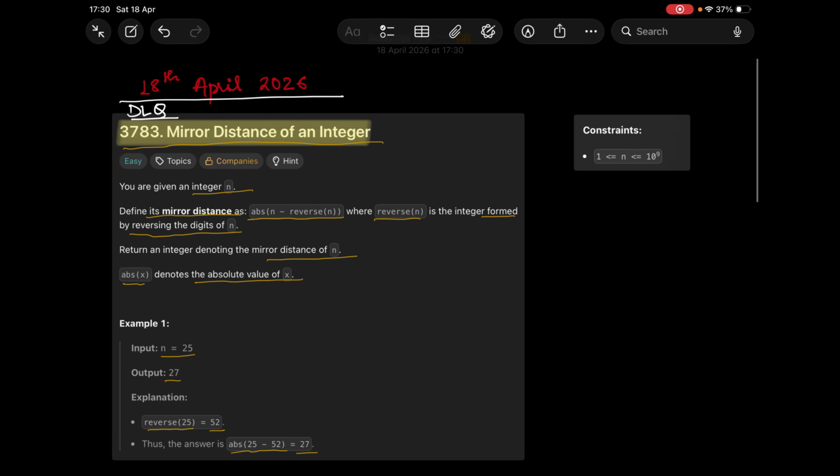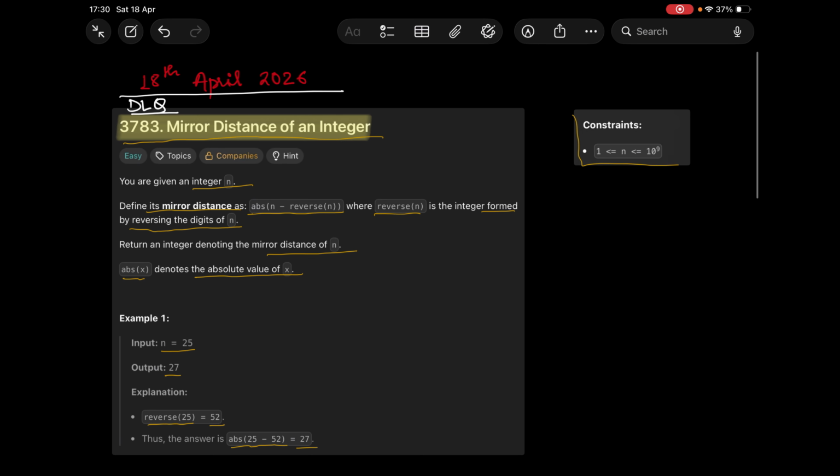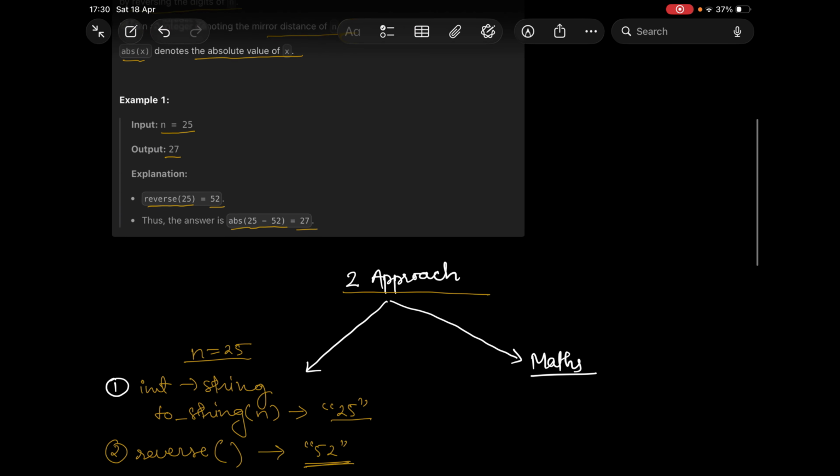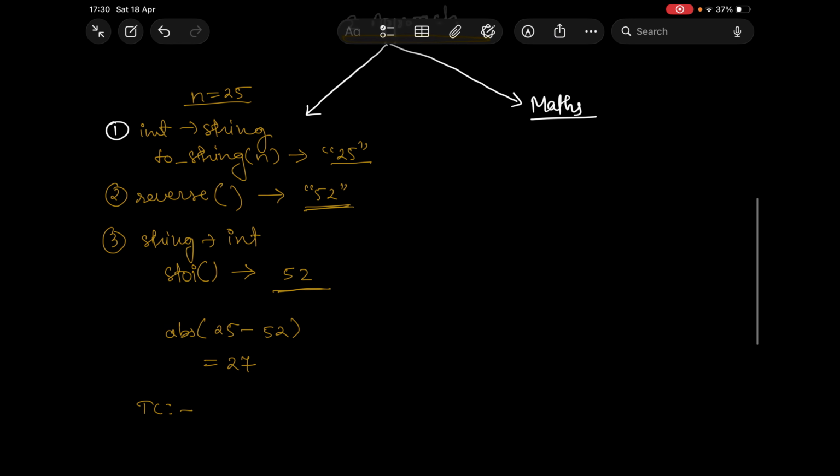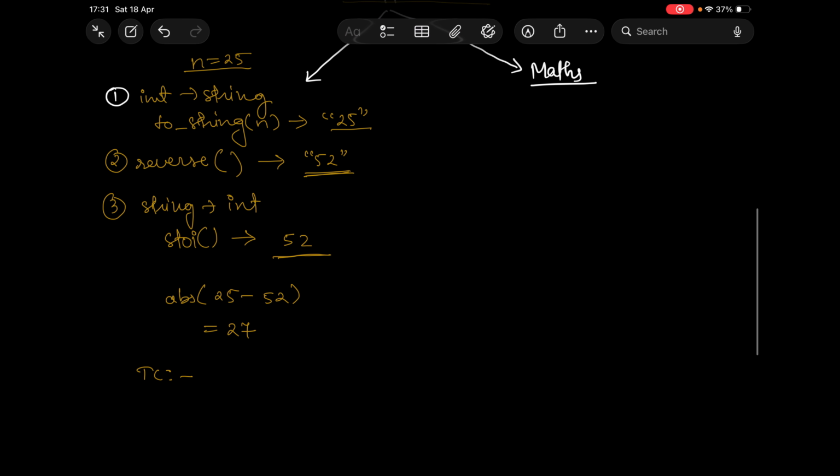If we look at the constraint, n can be at max 10 to the power 9, right? So at max we will traverse about 10 digits. The total number of digits in that number that we have to reverse will take that much time. So the time is the number of digits.